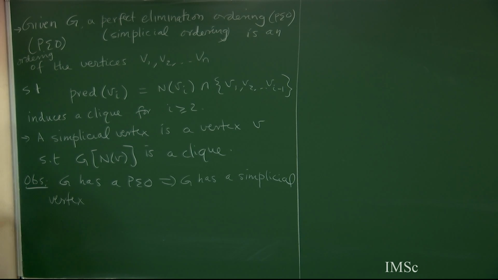For a simplicial vertex, you want all its neighbors to induce a clique. Take the last vertex in the simplicial ordering, its neighbors are the neighbors before, and so it is a simplicial vertex.